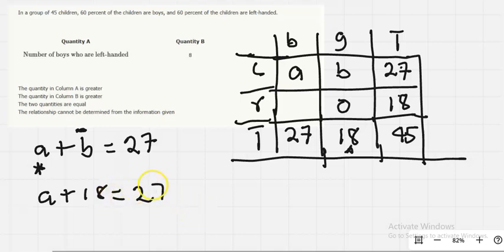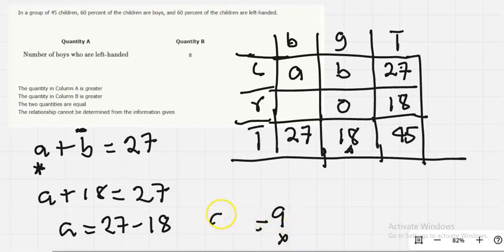A plus B equals 27, so A will now be equal to 27 minus 18. 27 minus 18 is 9. Now, you can see the minimum value of A is 9.